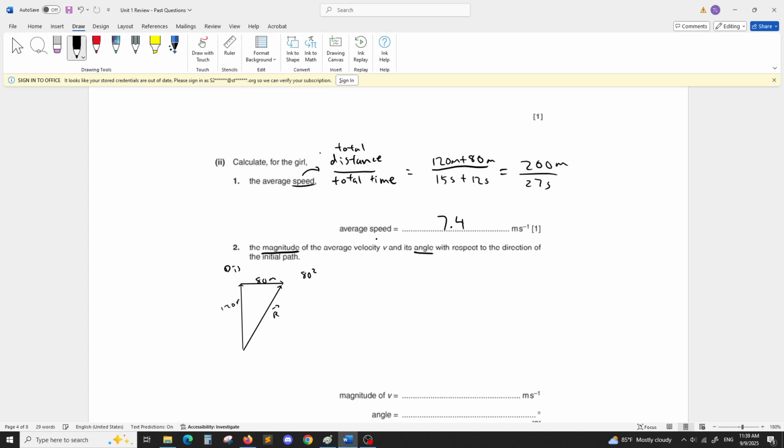So we're going to calculate displacement, which is around 144 meters. And then since velocity is displacement over time, we can simply divide it by our time, which was calculated up here, 27 seconds, which is around 5.3 meters per second.